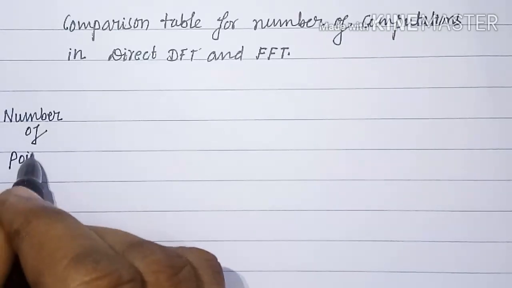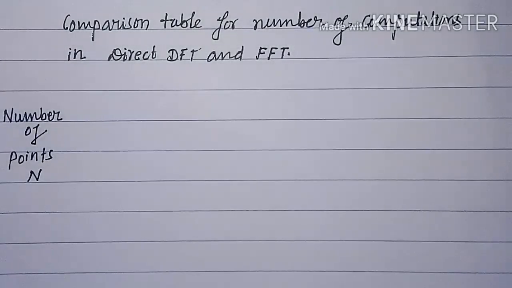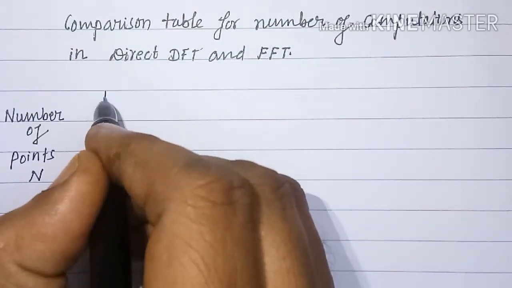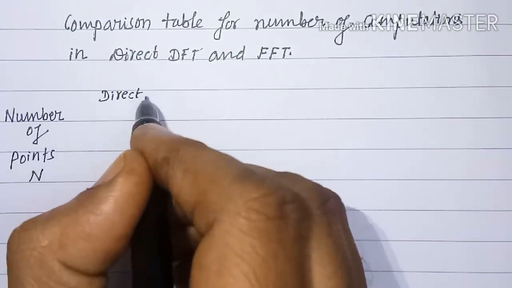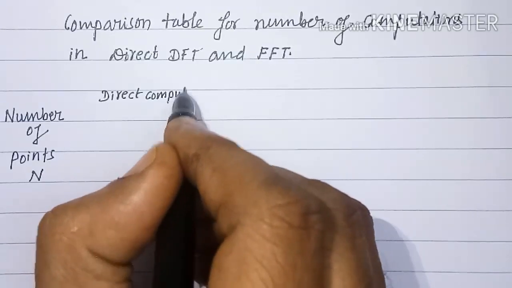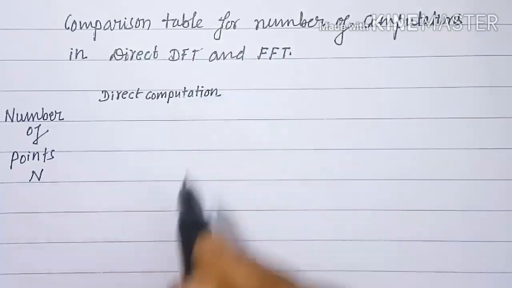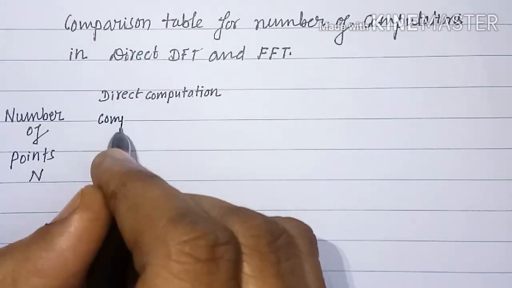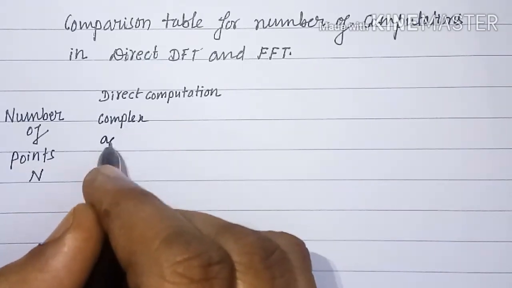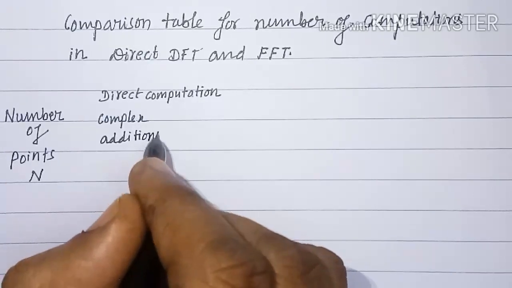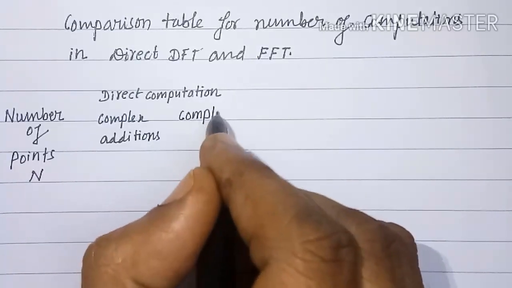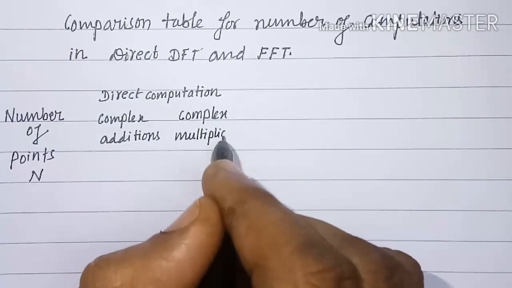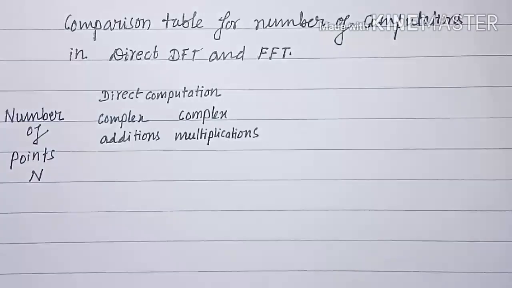Number of points N. Direct computation. Here we will make two columns: complex additions and complex multiplications.